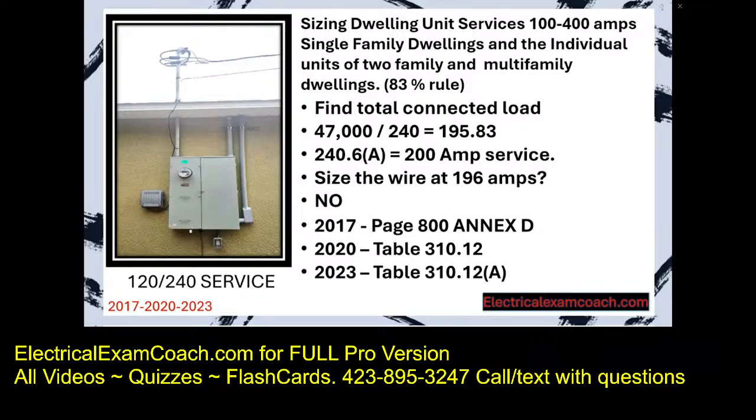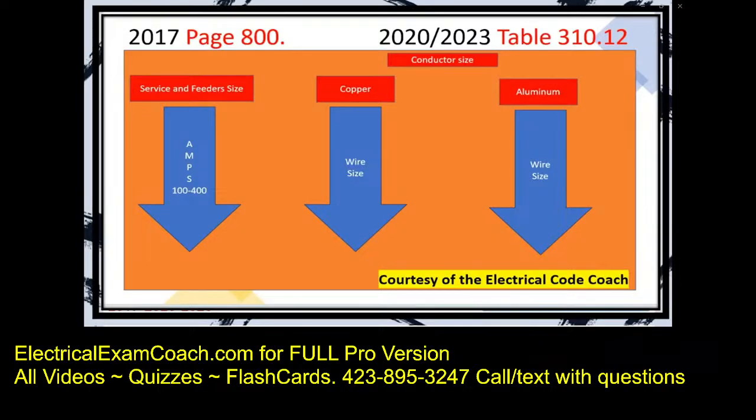Let's get to it. Once we get to our table, we work all of our tables from top to bottom, left to right, using those headings to navigate the table. On the left-hand side, we're going to find the size of the service and feeder, and this is listed in amps. And you'll notice that it only goes to 400 because the rules that we're learning right now only apply to services and feeders that feed the entire dwelling in between 1 and 400 amps.